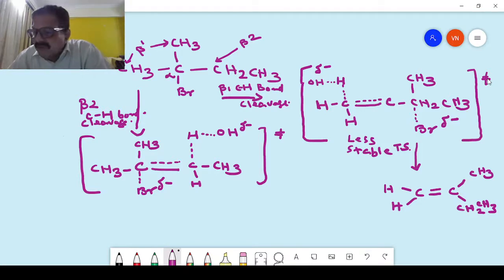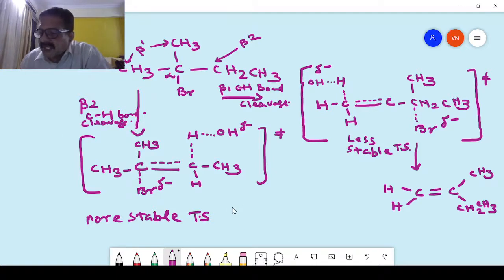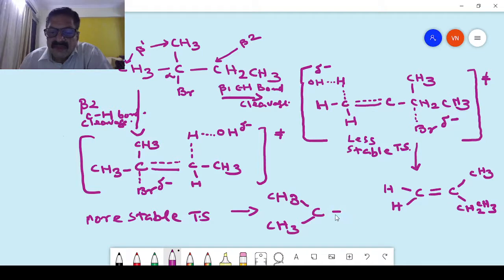This is the most stable transition state here. So this most stable transition state will yield a trisubstituted alkene. Correct.